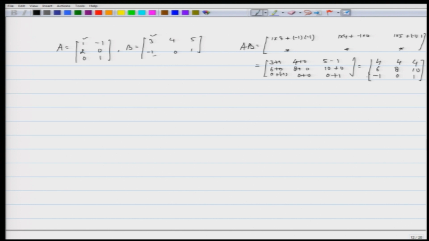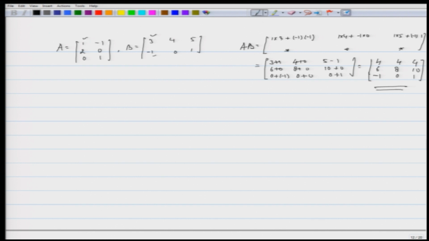All right. Let me just clean it. I think this is too congested. So, this was 0 plus minus 1, 0 plus 0, and 0 plus 1. Fine. So, this is the matrix product AB.